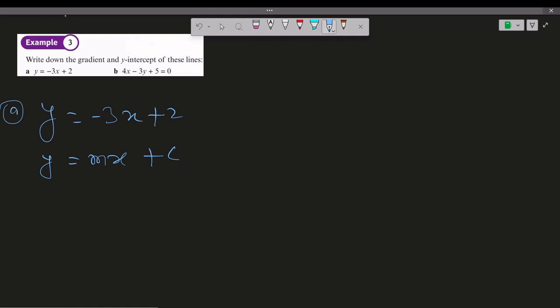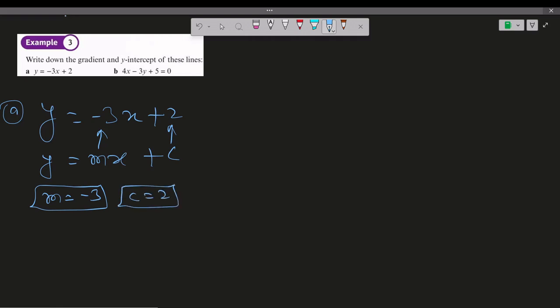If I compare my line with the standard form y equals mx plus c, that is gradient intercept form, we can clearly see that m will be minus 3 and c will be 2.